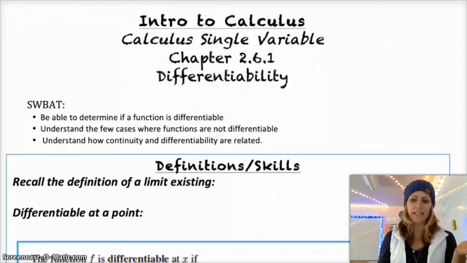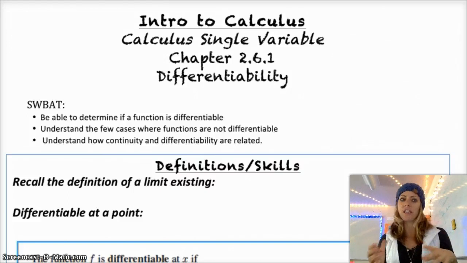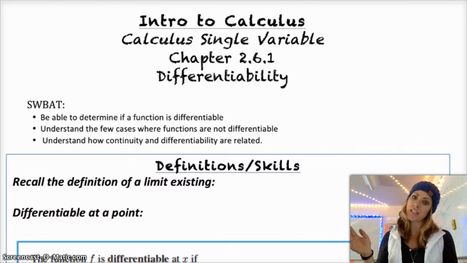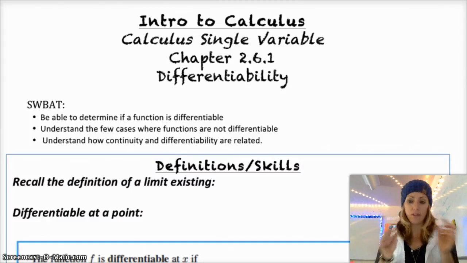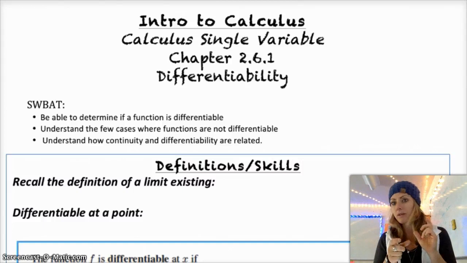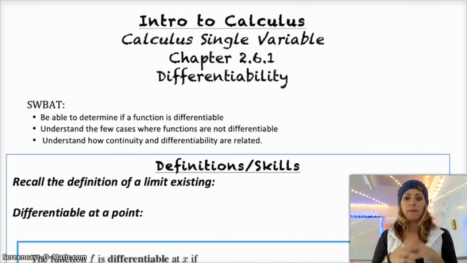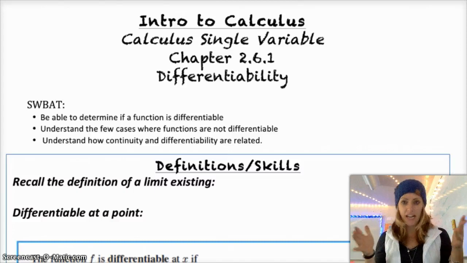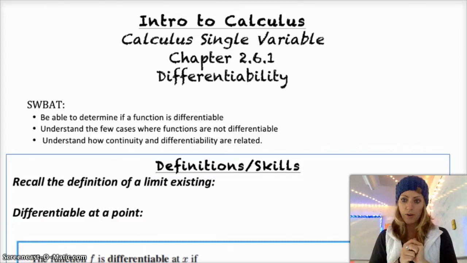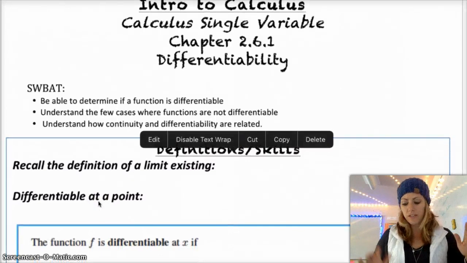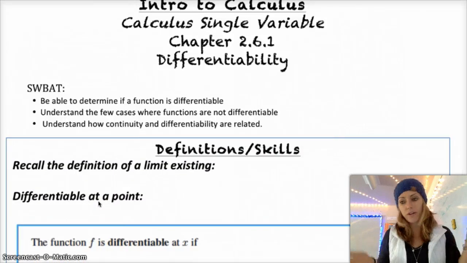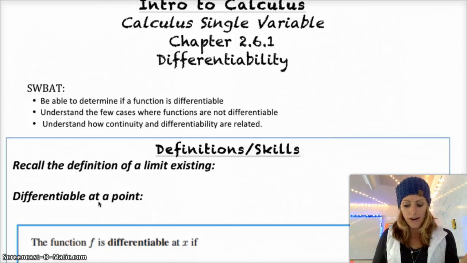There are some functions that you can differentiate most places, and there are spots where you have problems differentiating. And by differentiate, I mean take the derivative. It's just a fancy word for find the derivative of. So we're just going to observe different types of functions and talk about when you're allowed to take the derivative and not.